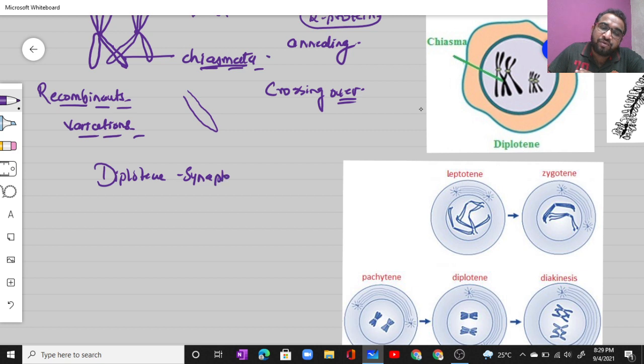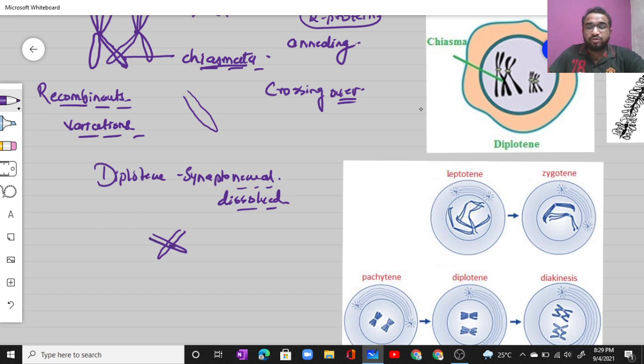The synaptonemal complex which was formed during the zygotene gets completely dissolved. Now there is no synaptonemal complex, and the chiasmata which has formed, only this chiasmata is present.